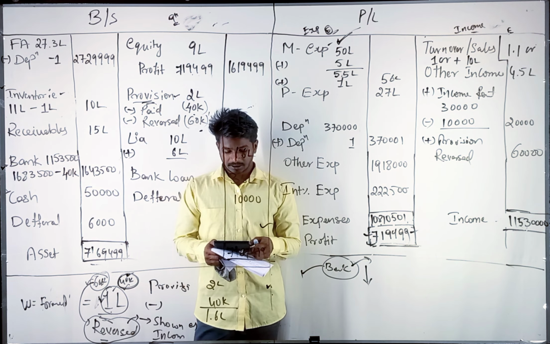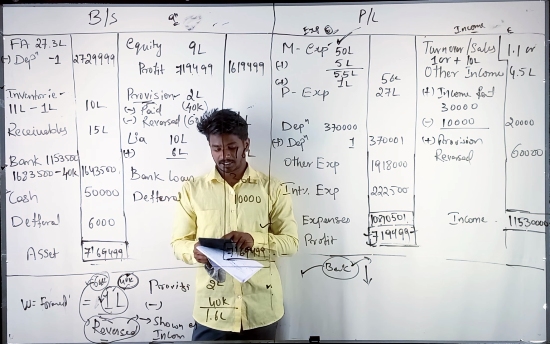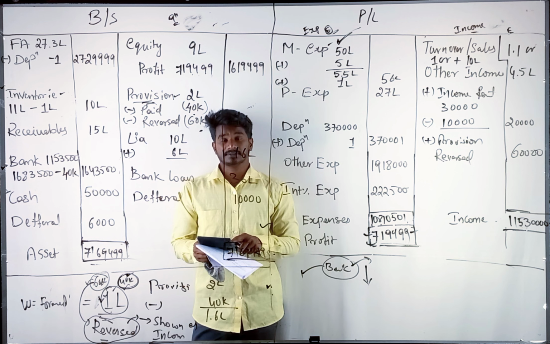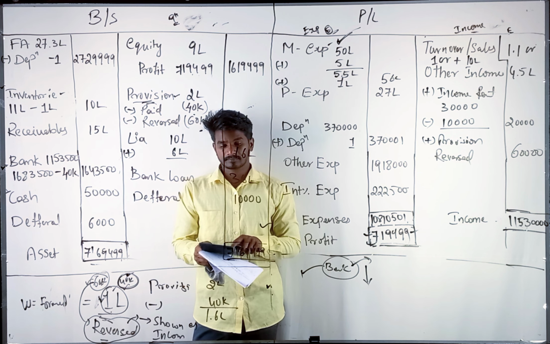Now if we total the liability side, 499 plus 1 lakh, again 16 lakhs there and 36 lakhs and 10,000.